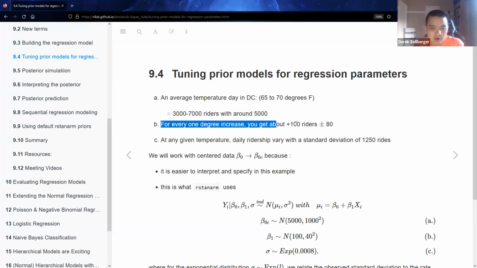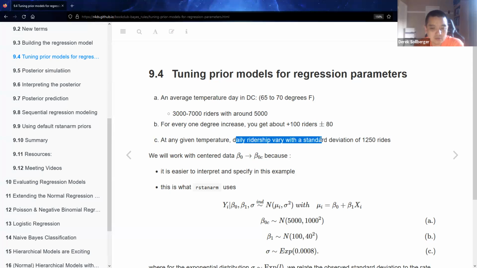A rough estimate of the slope at first, say in a frequentist approach, is that for every 1 degree increase outside, you add about 100 riders, but that slope itself is maybe give or take 20.